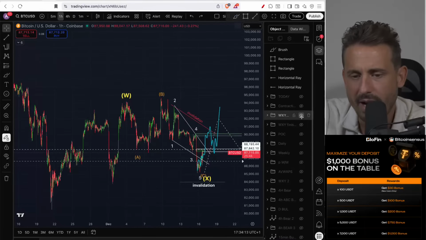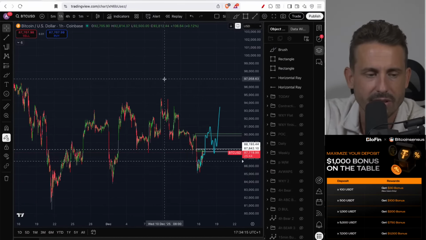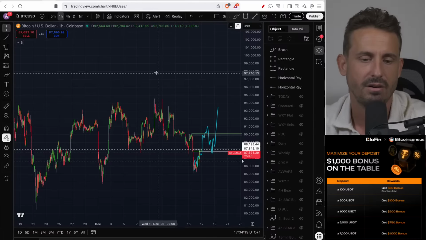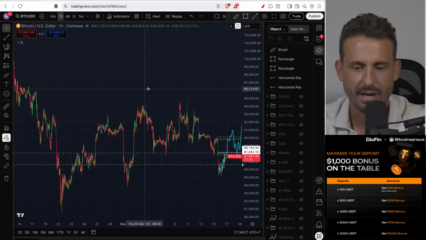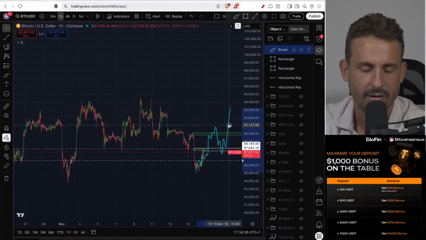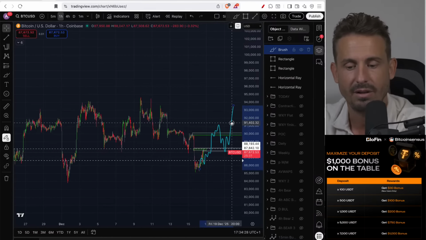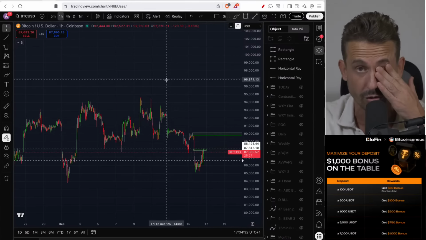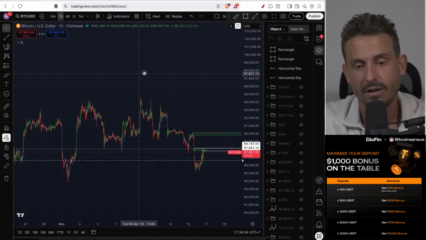We would have to see that move up, though. We would have to see an impulse to even start thinking about this scenario, right? You need that 5-wave move to the upside and get to 90k to even think about the bullish outcome, because obviously for the moment that does not have priority, right?